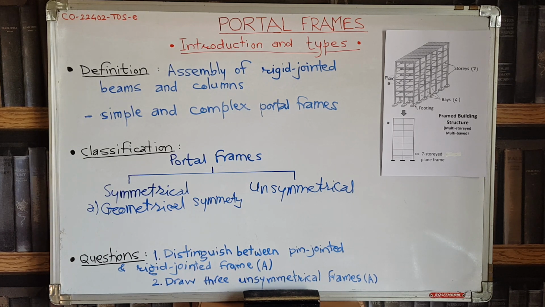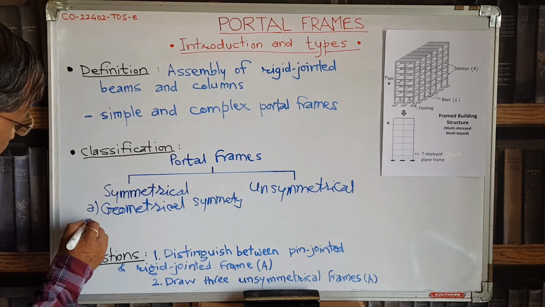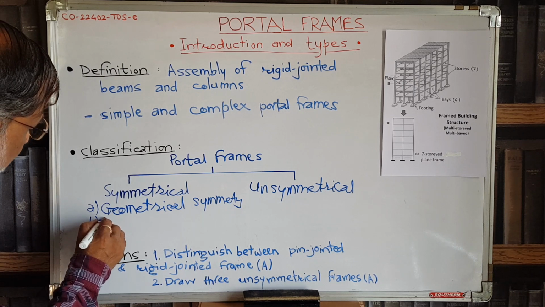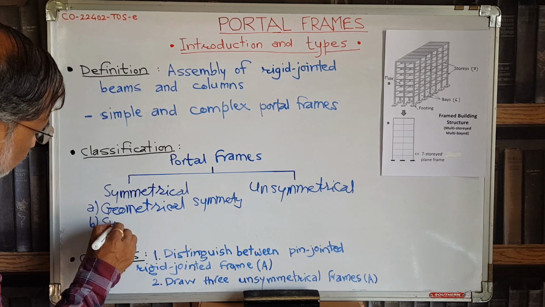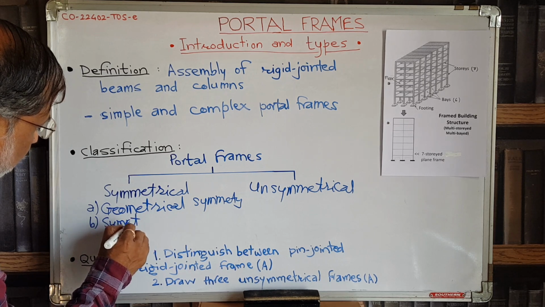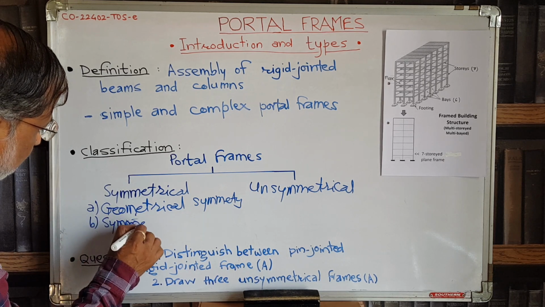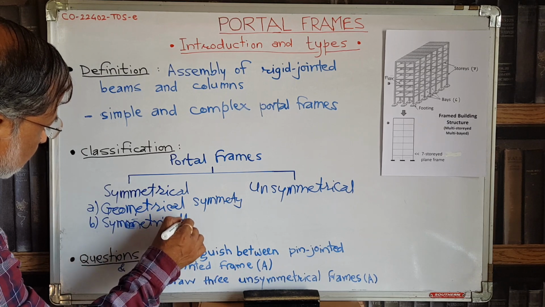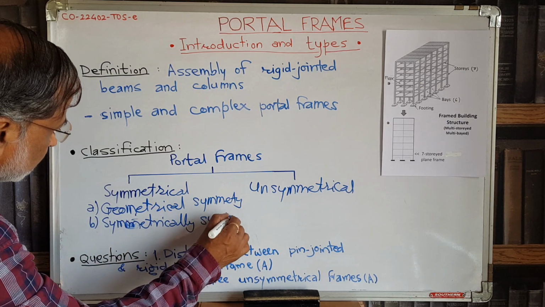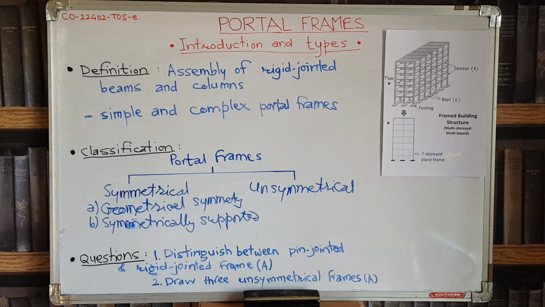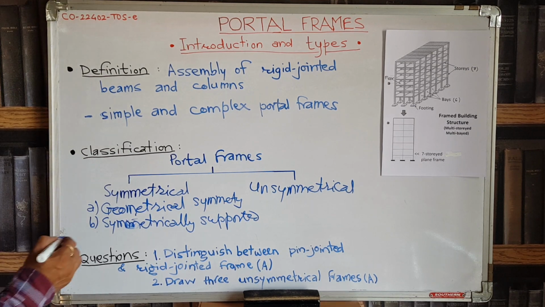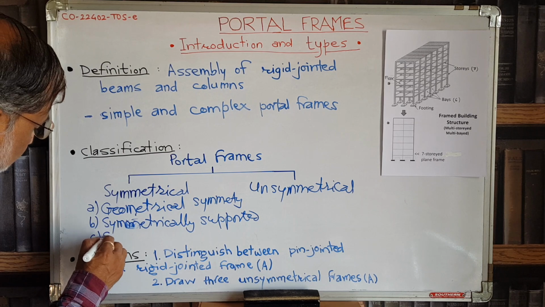Means that the members should be symmetrically dimensioned, as well as their properties also should be identical or symmetric. Then the second condition is that it should be symmetrically supported. It is not enough to have geometrical symmetry, but they should be symmetrically supported, and the third thing is they should be symmetrically loaded.